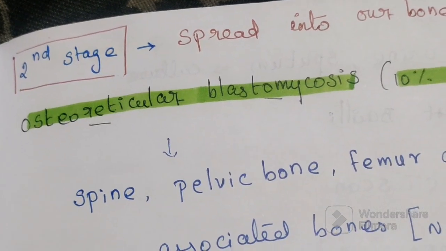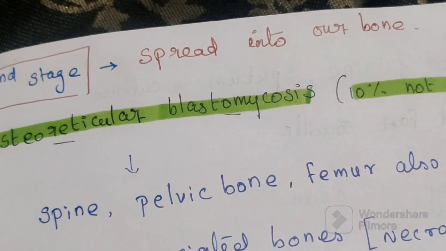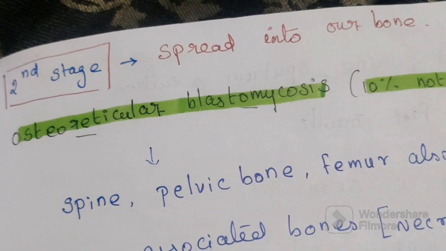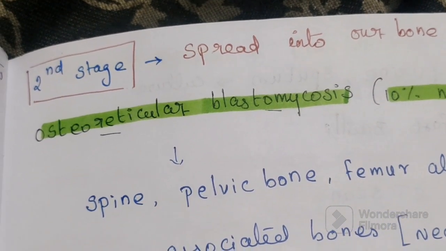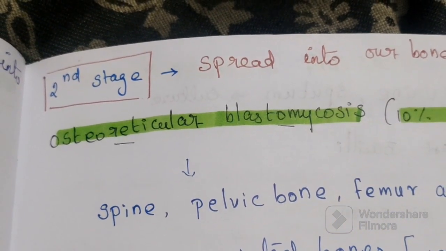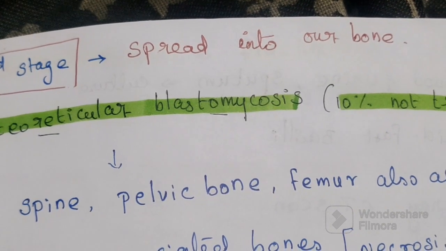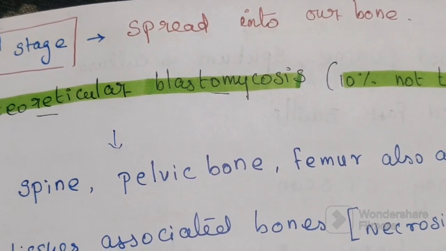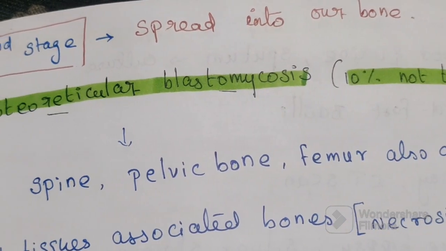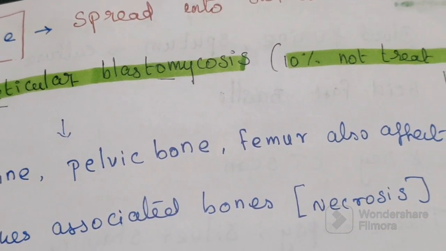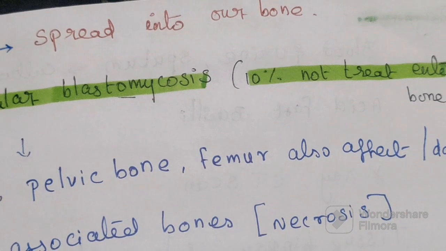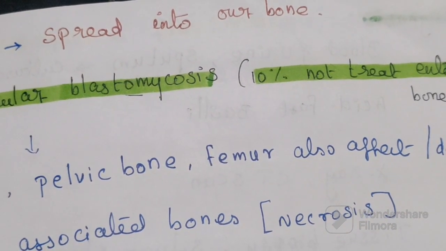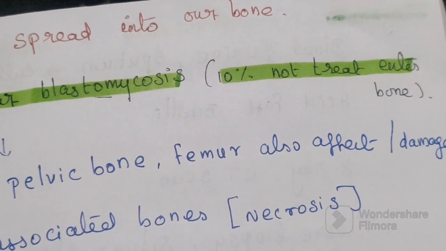Next, in the second stage, it spreads into our bone. First stage: cutaneous, flu or pox-like symptoms. Second: it spreads to our bone, osteoarticular blastomycosis. In 10% of individuals not treated early, it enters the bone level.